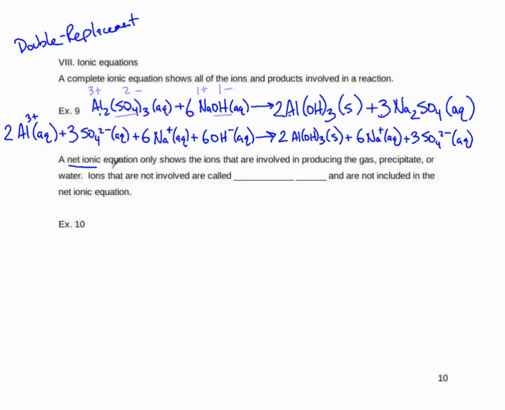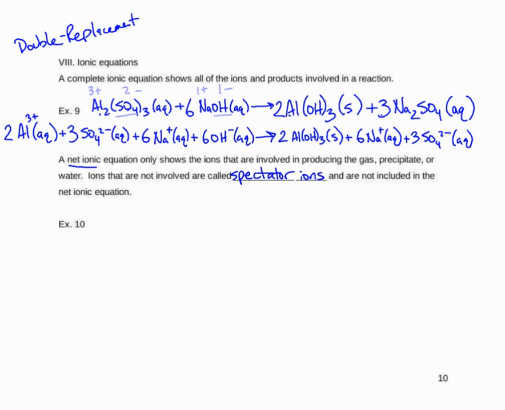The ions that are not involved are called spectator ions. They are present, but they're not actually involved. That's why they're spectators. They are not included in the net ionic equation.